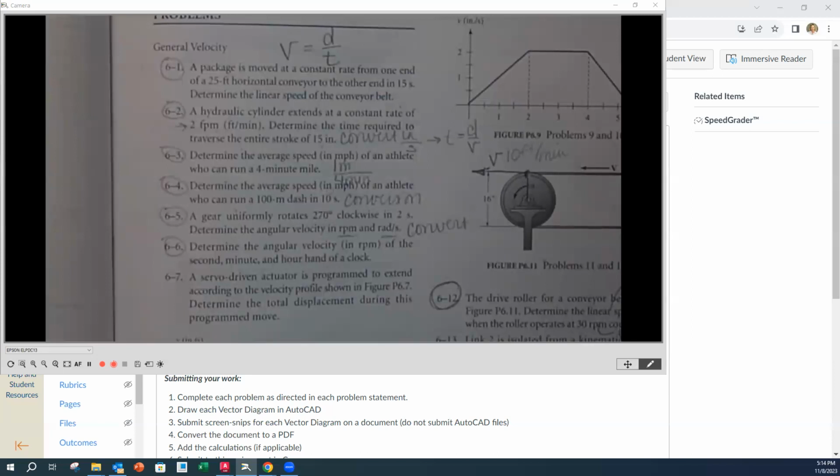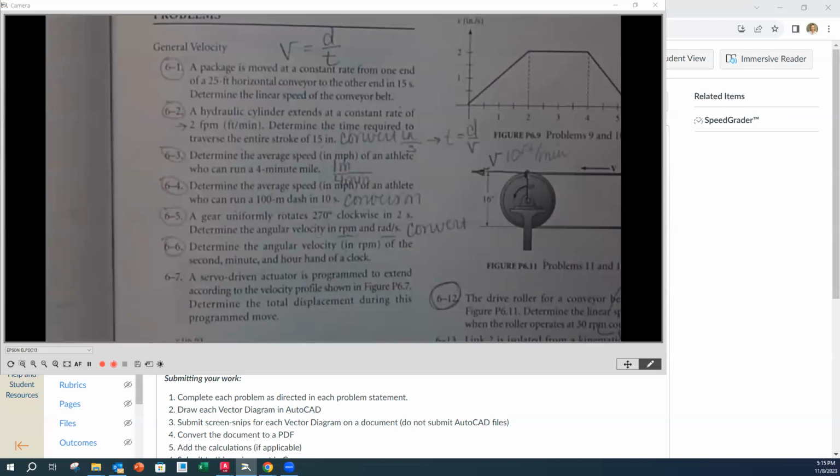But you're going to need to convert your meters to miles, okay? And whether you want to do that in a couple steps, to kilometers first and then kilometers to miles, or directly from meters to miles, if you find a conversion, that's totally fine. Okay. So again, that's another conversion as well. Any questions on that one? Okay.